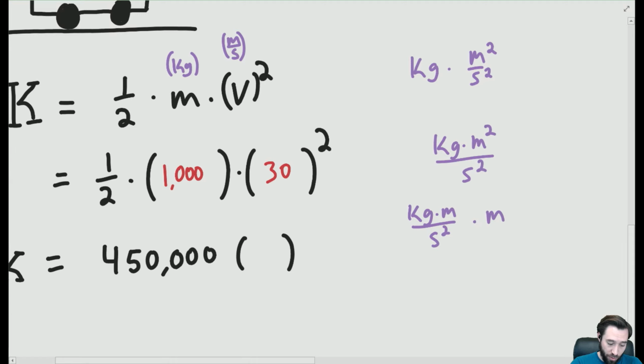All I did was take one of the meters here and stick it right there. So this is converted into a Newton, a kilogram times a meter over second squared. So I get a Newton times a meter. Cool.